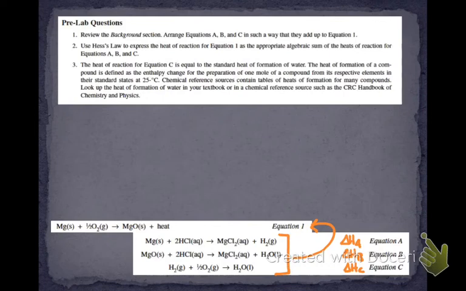And then in number 2, it says use Hess's law to express the heat of reaction. So that means if you had to reverse any of these and the sign changed from a positive to a negative, you're going to write out using the variables in place of actual data. So you'd be looking at writing out the delta H of the reaction or of equation 1 using the delta H of A, the delta H of B, and the delta H of C. Are they added?